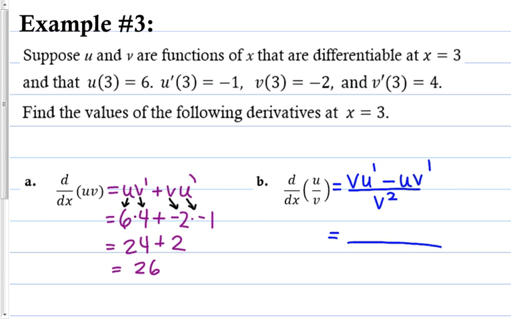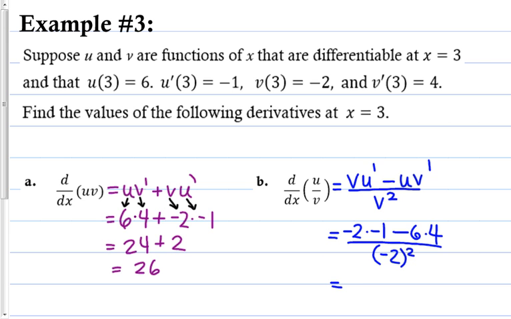v, look up on my list, is -2. u prime is -1. Minus u is 6, times v prime is 4. And then v was -2, so squared.